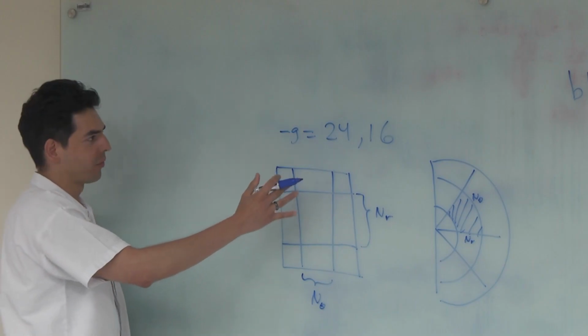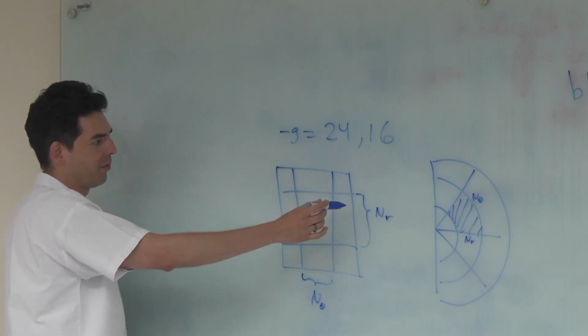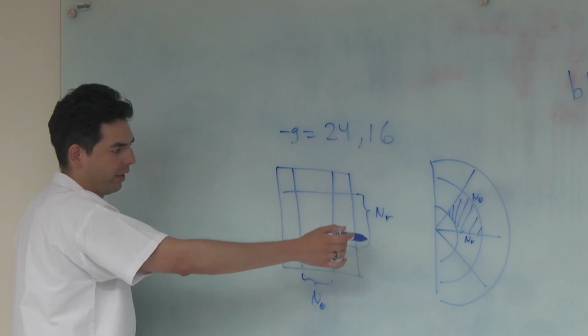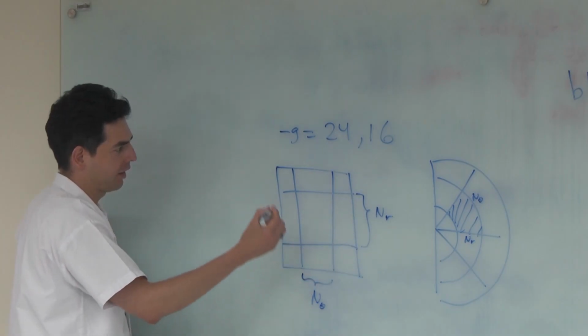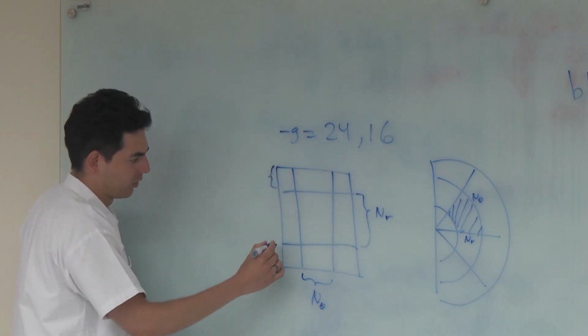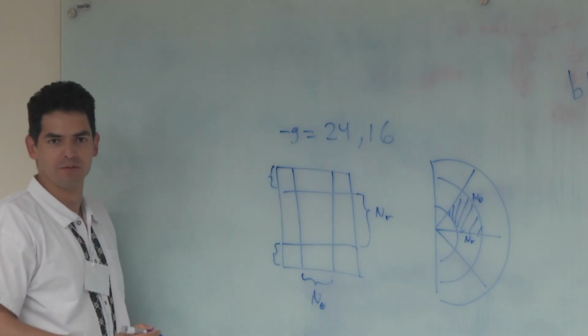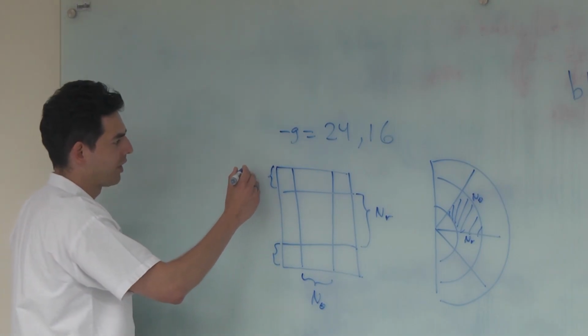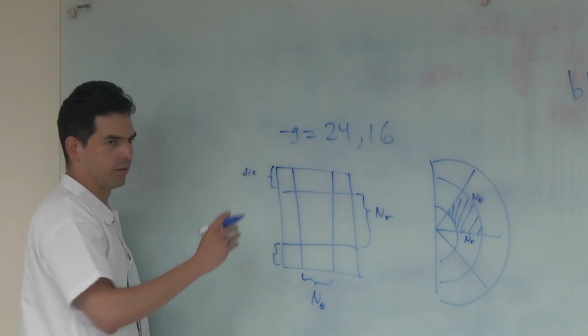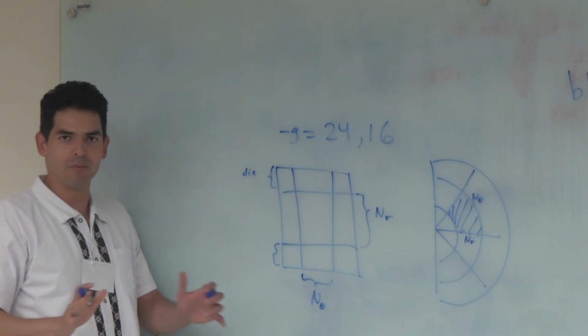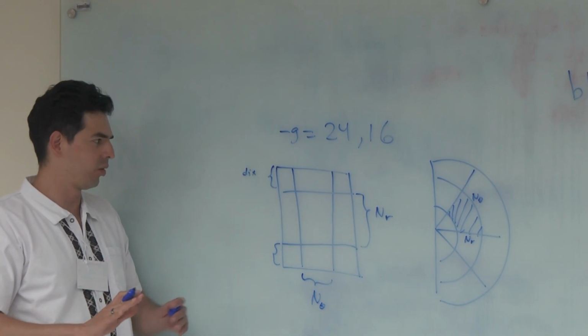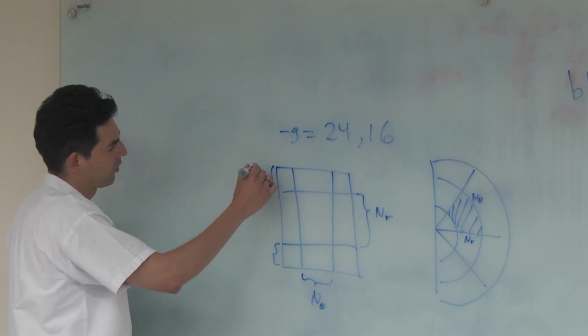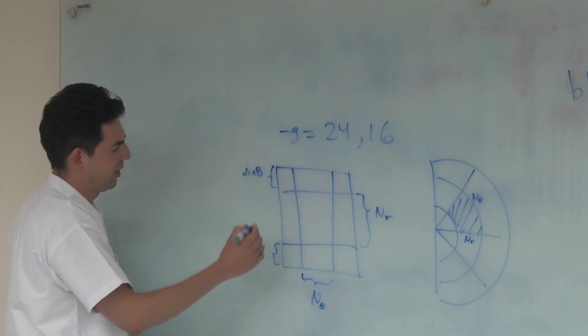But the total extension of the block will be found by adding to n r and n theta the extension of the ghost regions. This is a fixed number, so currently the same amount of ghost regions is used in every direction, and this is called in back the ISP.